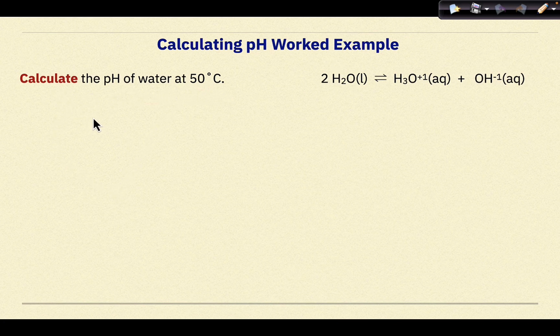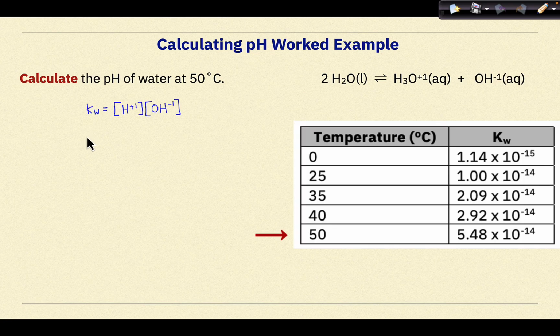Let's start out with the formula Kw is equal to the hydrogen ion concentration times hydroxide ion concentration. By looking at the chart on the previous slide or in your notes, the Kw at 50 degrees Celsius is 5.48 times 10 to the negative 14. And that's going to equal our hydrogen ion concentration times hydroxide ion concentration.